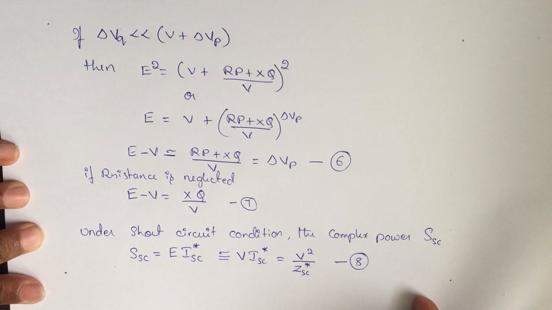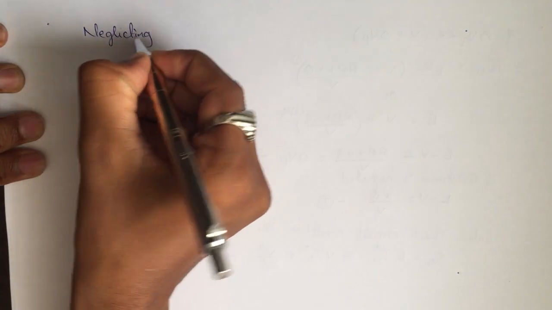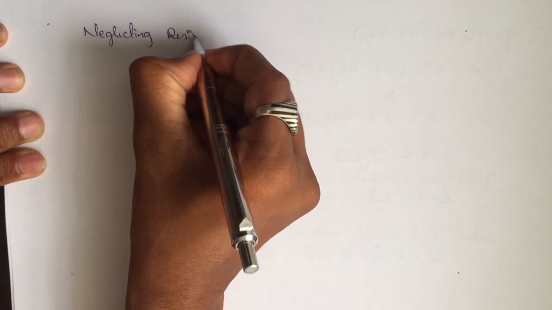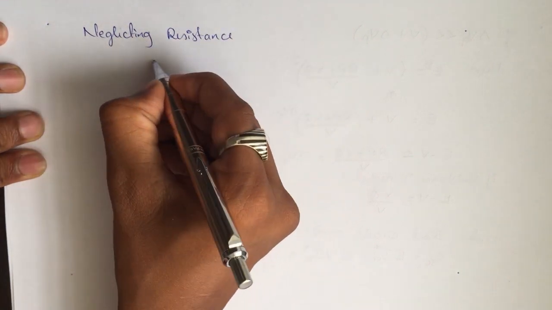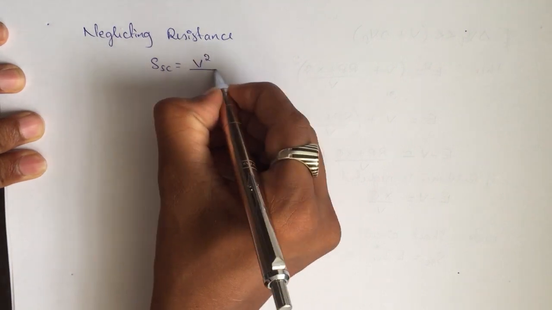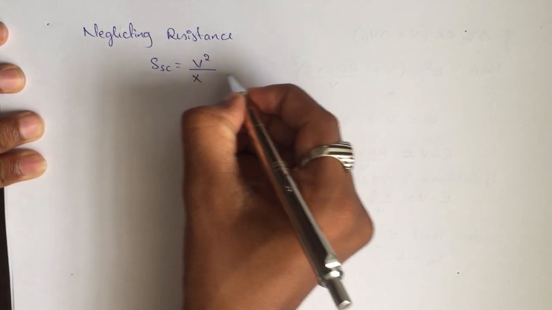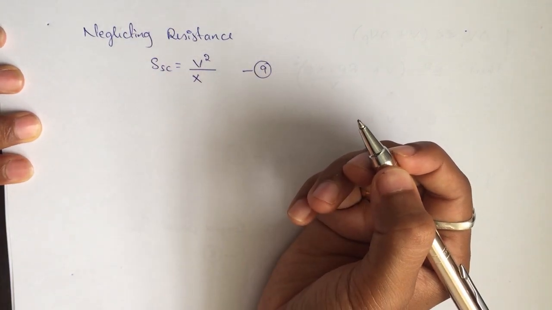If you again neglect the resistance part, equation 8 becomes SSC is equal to V square by X, marking it as equation number 9.